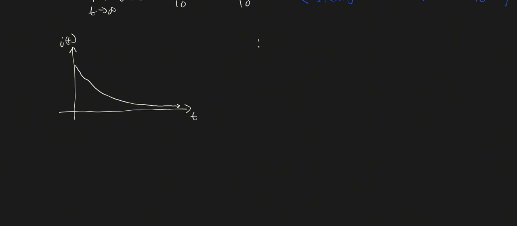But here's another way that your current can be transient. It doesn't have to have this strict exponential decay. It could oscillate like this. It could do something like this.